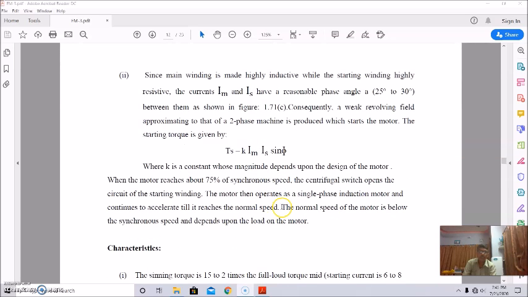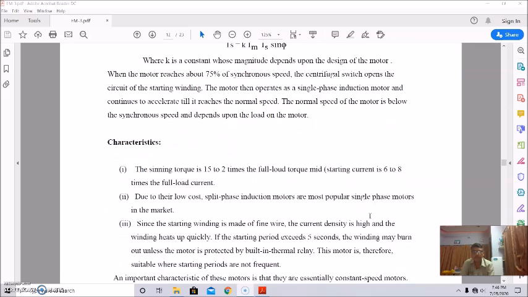The magnitude of the constant K depends upon the design of the motor. When the motor reaches 75% of the synchronous speed, the centrifugal switch opens the circuit of the starting winding, and the motor then operates as a single phase induction motor and continues to accelerate until it reaches the normal speed. The normal speed of the motor is below the synchronous speed and depends upon the load.